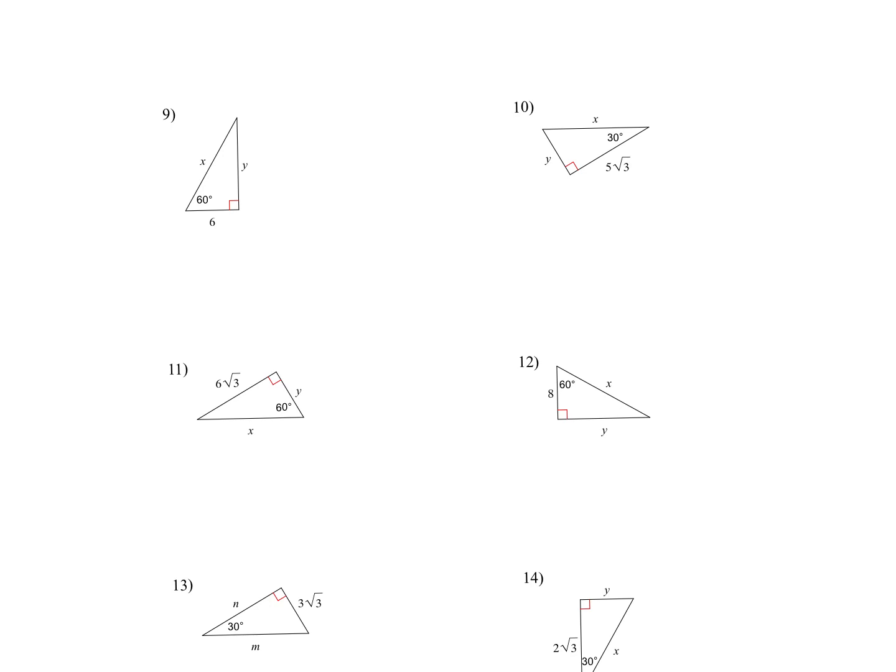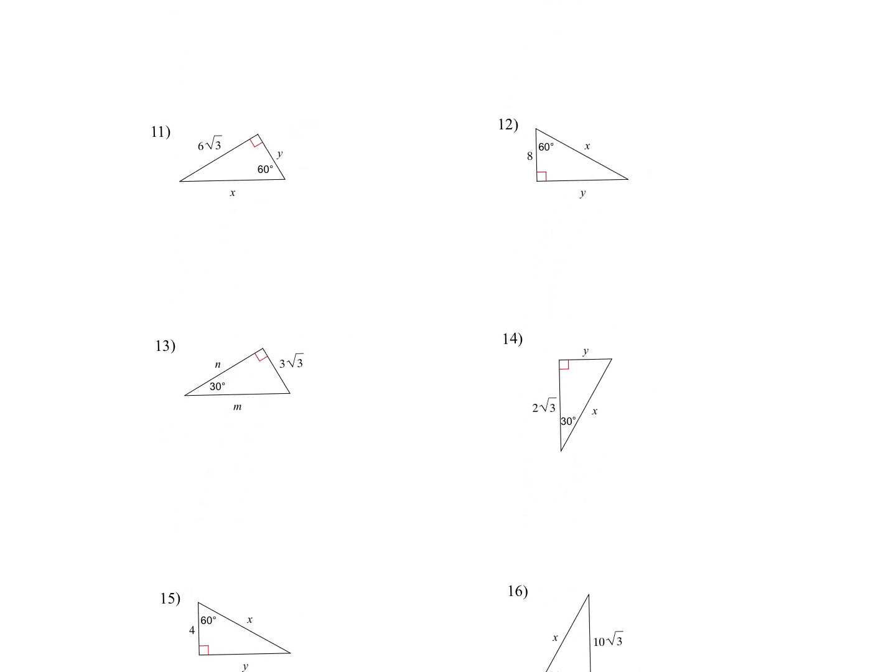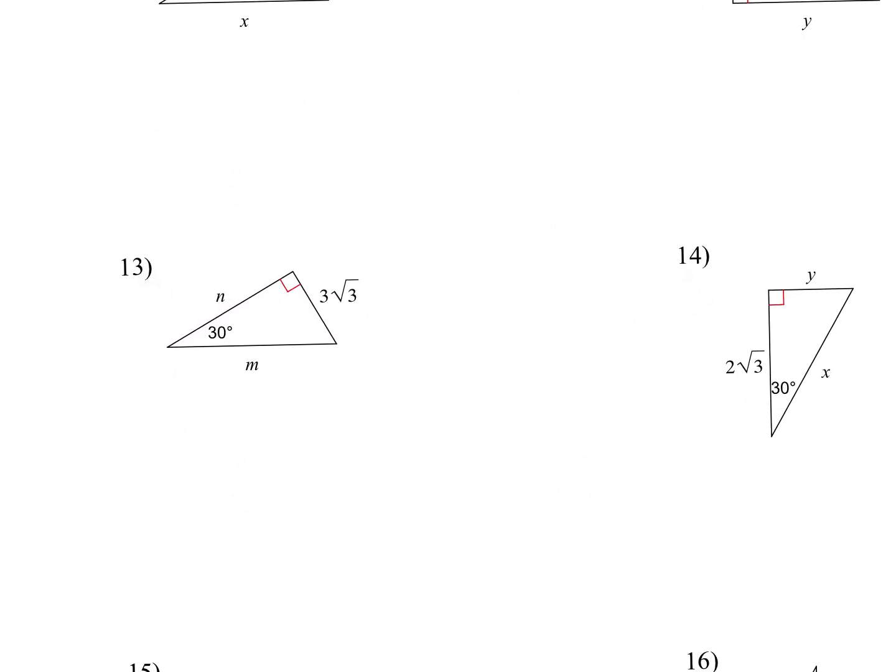Now, I want to give you, oh, here's a good one. Okay. So here, very similar to the situation we had with the 45, 45, 90 triangle. Okay. So here, that 3 square root 3, that's opposite the 30 degree angle.